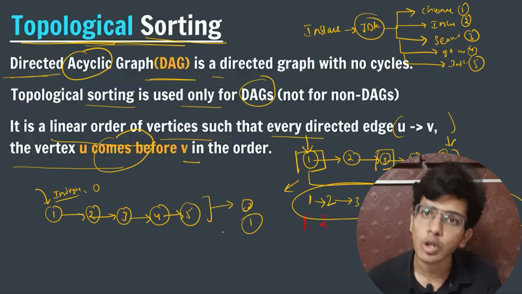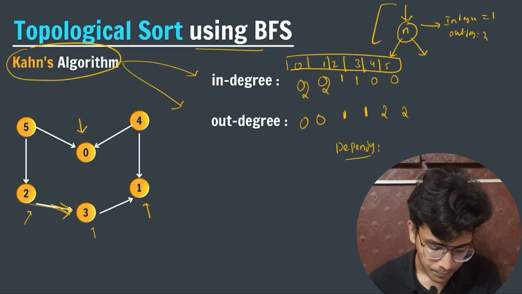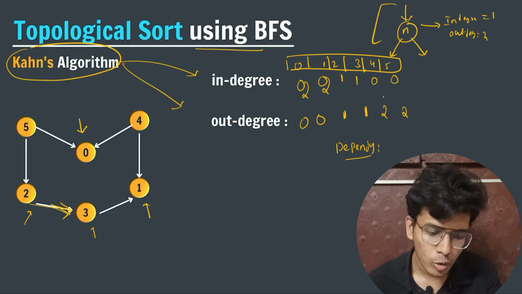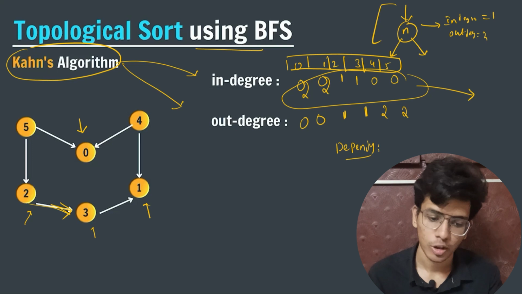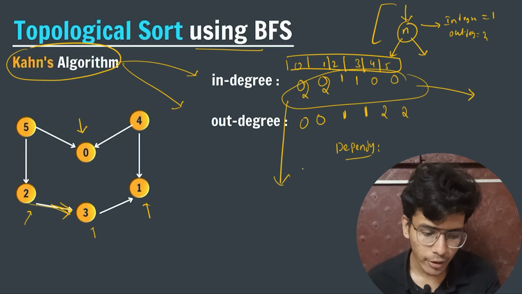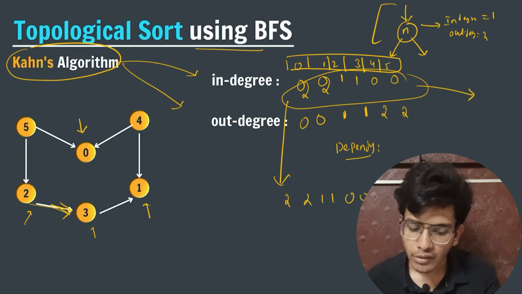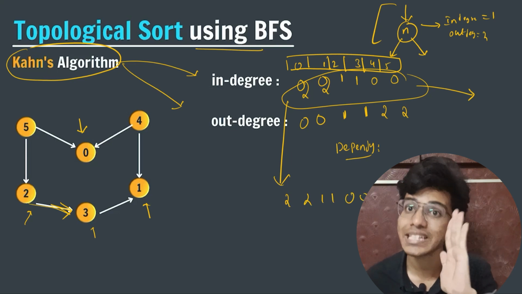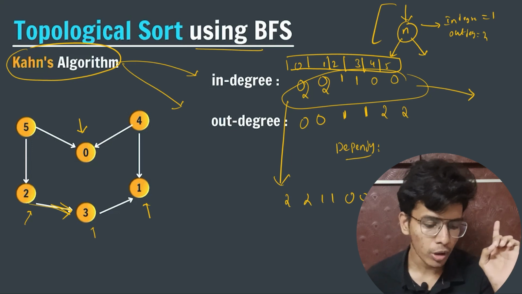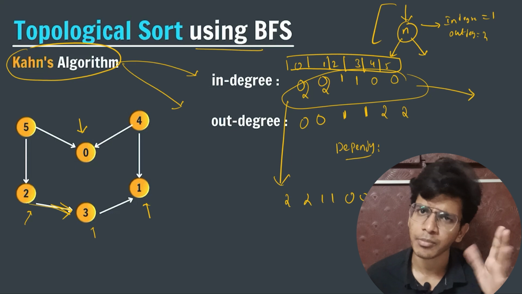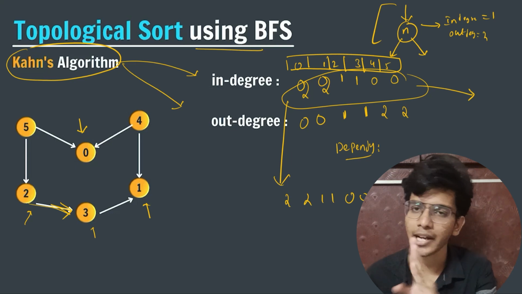So the logic here is that in a given DAG, whichever node has the least in degree, I will print it first. Here you can see that the in degree of the given nodes is 2, 2, 1, 1, 0, 0, right? So I will print the nodes which have the least in degree. The least in degree is for 5 and 4, which are the same, so the order doesn't matter.